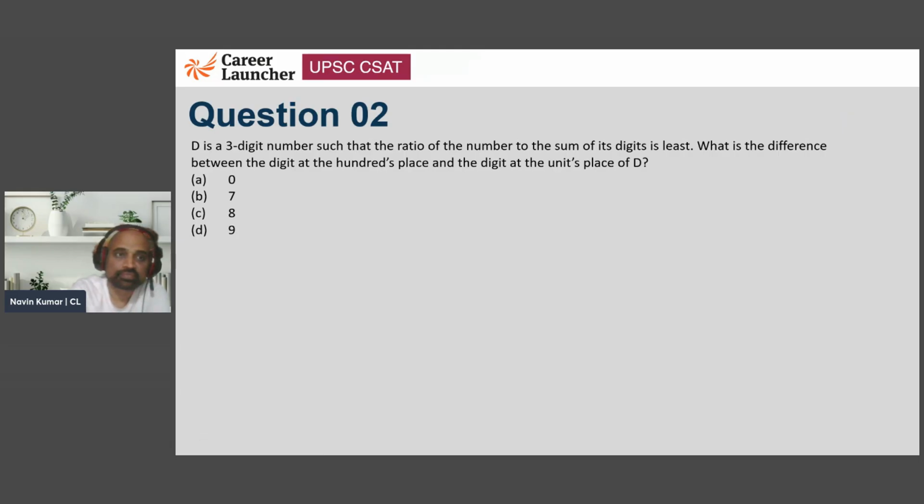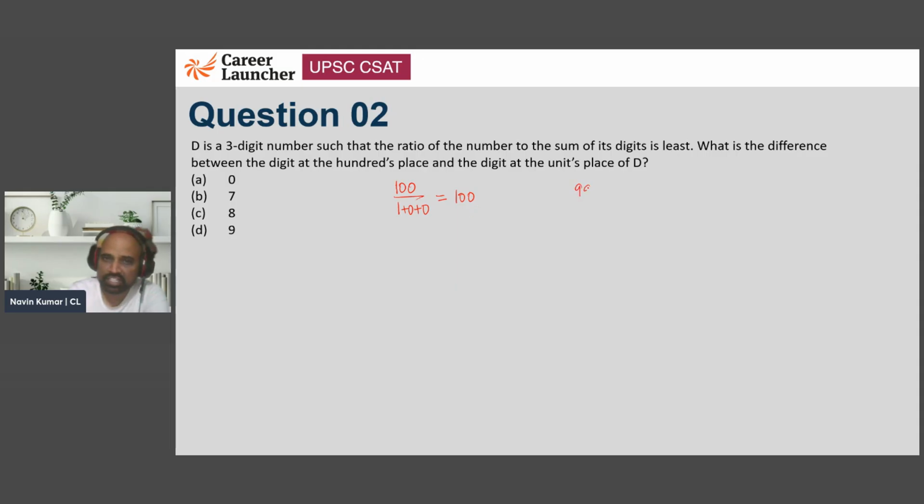Second problem. D is a 3-digit number such that the ratio of the number to the sum of its digits is least. What is the difference between the digit at the hundreds place and the digit at the units place? The number that we can take is 100; when we divide it by the sum of the digits, which is 1 plus 0, it gives us 100.